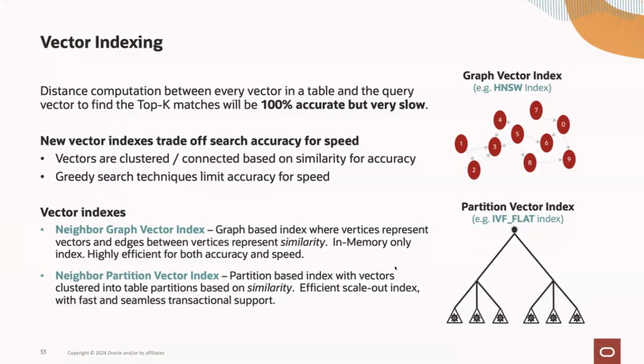Now, I will point out, in some cases, vector databases that are available from other vendors follow the model of storing those vectors as a form of graph, right? An index structure. Oracle's able to give you the best of both worlds. We can provide that graph mechanism, if you wish, by using these HNSW indexes or these IVF flat indexes. Plus, we give you the ability of storing that data as a relational table, as a column within a relational table.